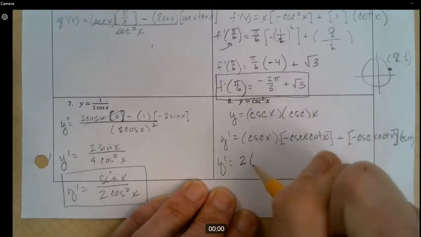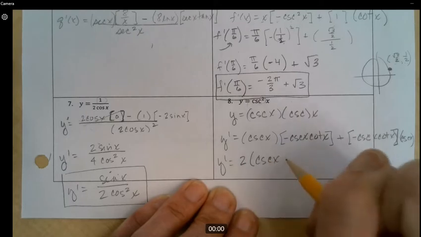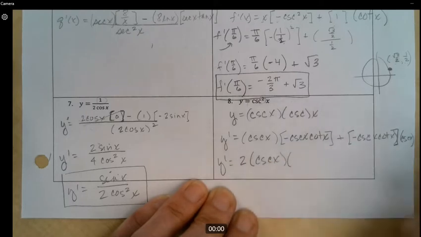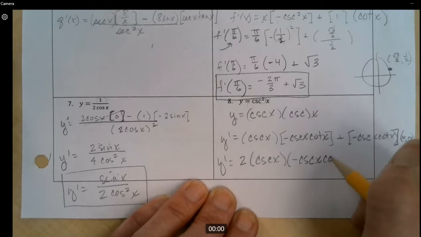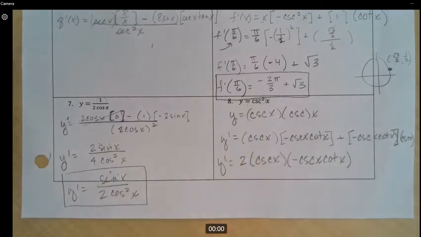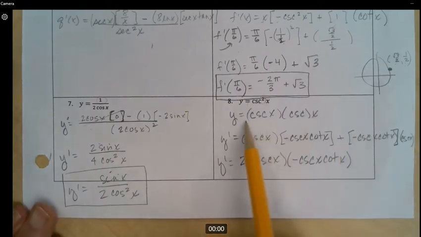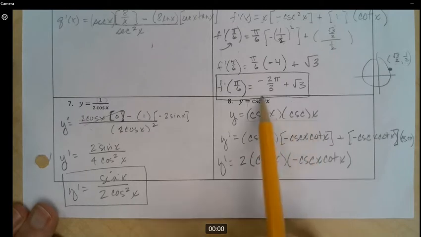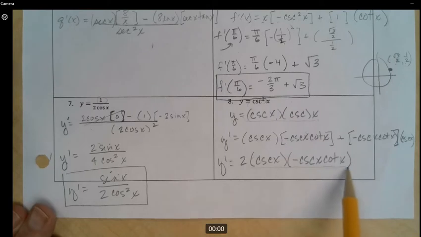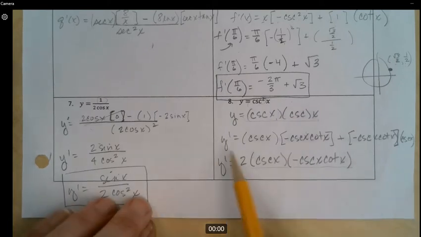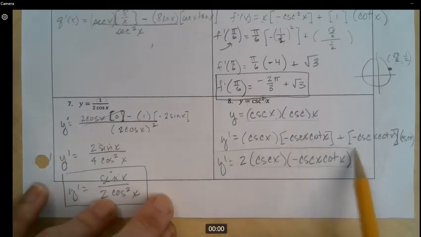And it could have been 2 times cosecant x times negative cosecant x cotangent x. So instead of doing the product, you could have used the power rule. 2 comes out front, and then here's the derivative. Everybody okay with that? Go ahead, Isabel.